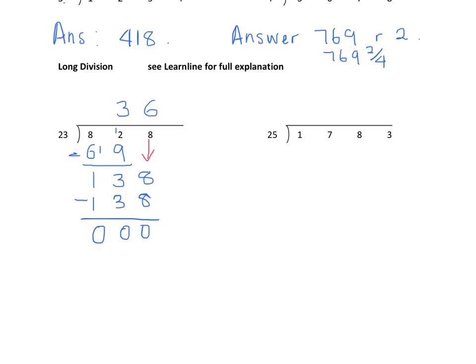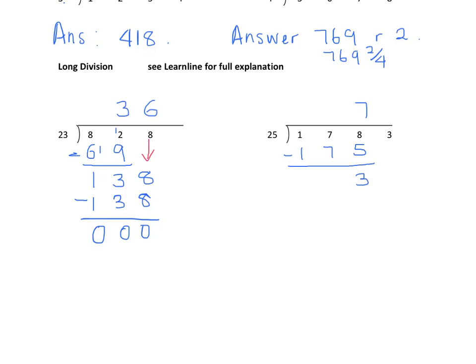Well, I think it's 7. Let's check. 7 times 25. This is where you can be using your calculator, by the way. 7 times 25 is 175. So we write the 175 like so. Subtract it from 178. We have 3 remaining.